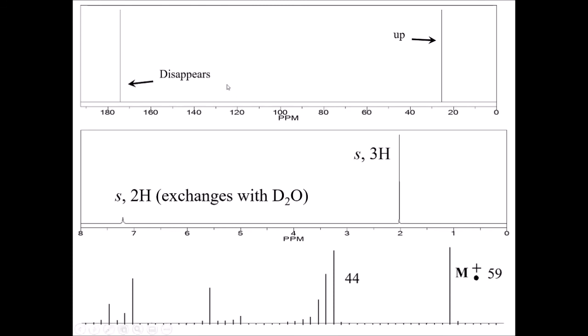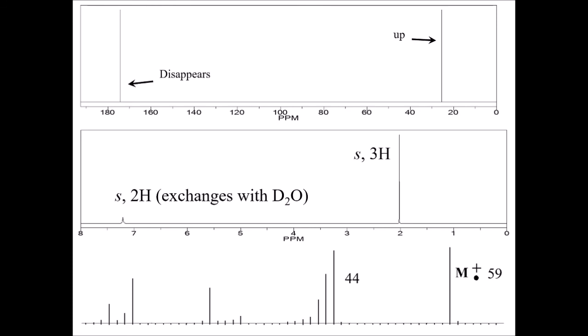So this peak at about 175 is going to be a carbonyl group, and the carbonyl group is going to be attached to either an oxygen or a halogen or a nitrogen, and it's probably a nitrogen. At this point it'd be great for you to pause the video and try to come up with the structure yourself, and then come back and I'll finish walking you through the rest of the explanation.